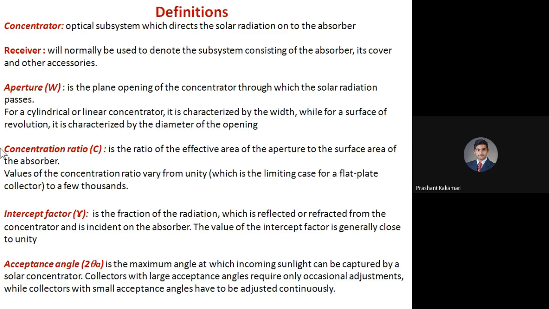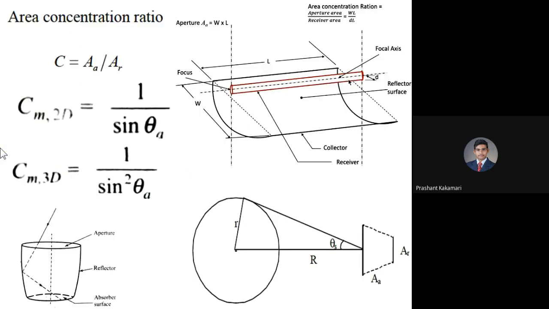Then the last definition is the acceptance angle. So acceptance angle, in the bracket you can see I have written 2 theta alpha. Now what is theta alpha or what is acceptance angle theta alpha? Okay, so to understand that, here at the bottom I have taken 2 sketches.